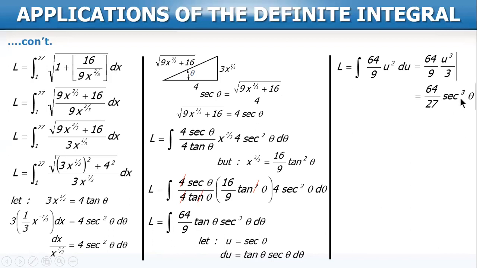And restore the substitution of secant theta by its expression, this one. This is secant theta but cubed. And then evaluate this with the original limits, since it is in x now. This one.